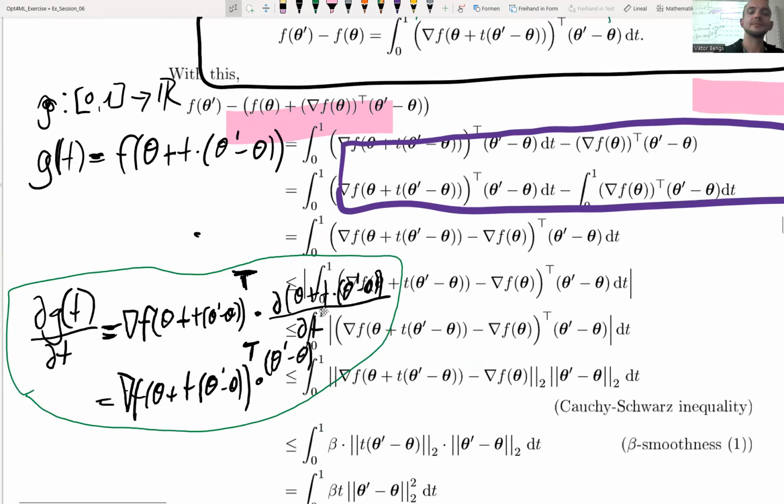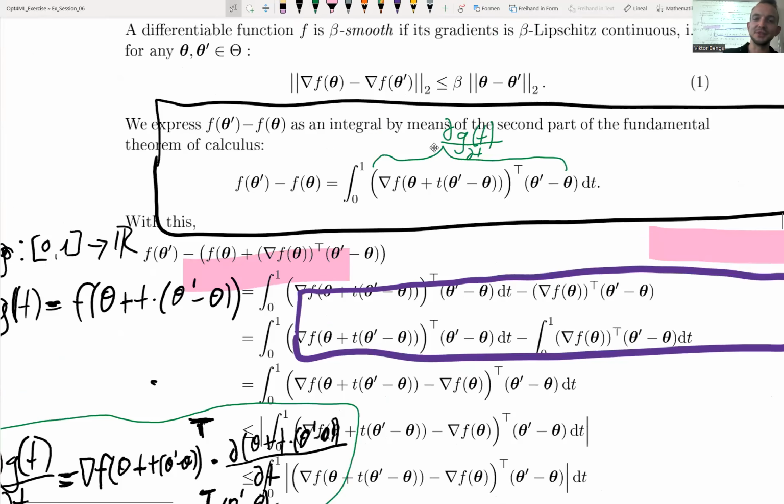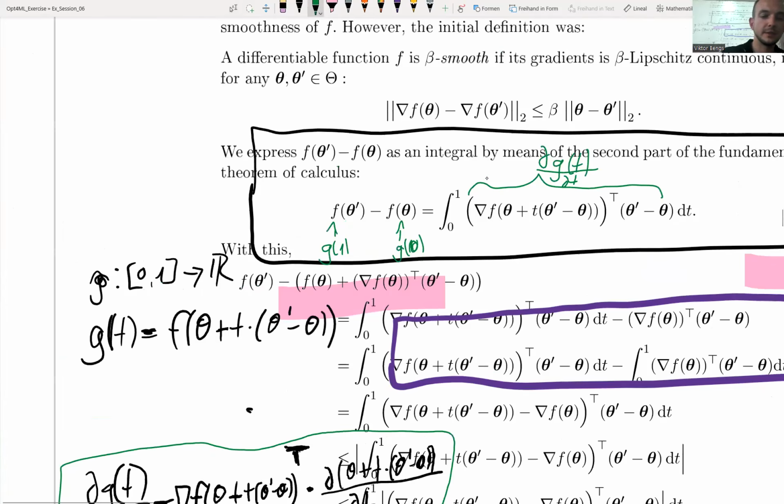Yeah, so you followed all of this. This is the partial derivative of g with respect to t. Now the question is the left-hand side really... So this should be g evaluated at 1, and this should be g evaluated at 0. But this is indeed the case.